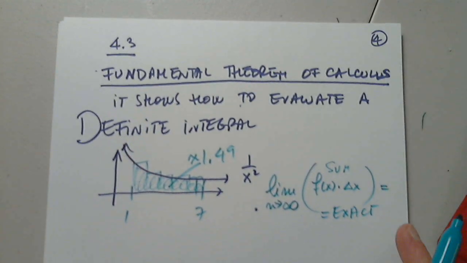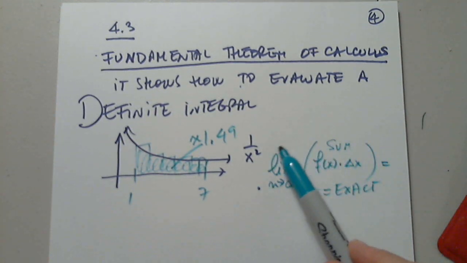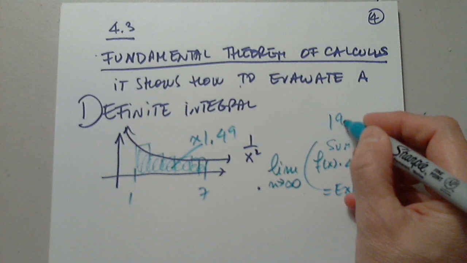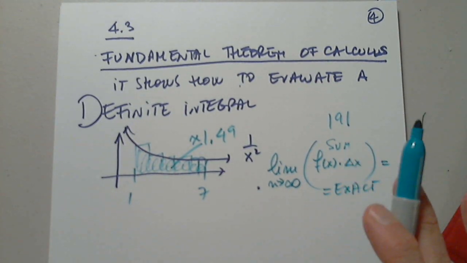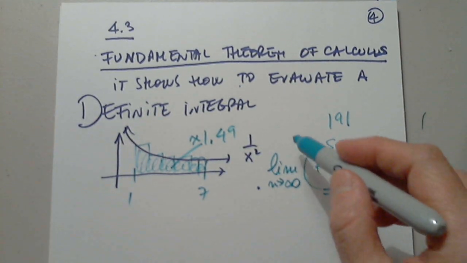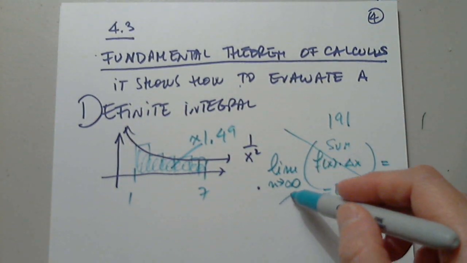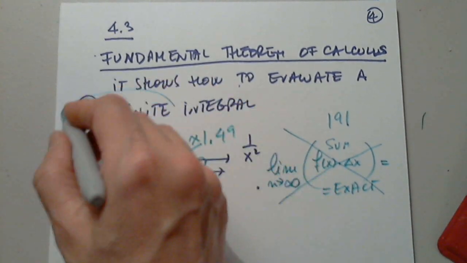But as you've noticed, this is not easy to calculate. I do this in my 191 class with many functions, not all of them. We are restricted. We are very few, basically. But not in this class. There is no need to go through this. Here we go directly to another method. What method?